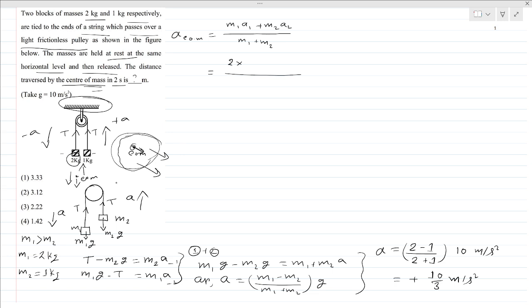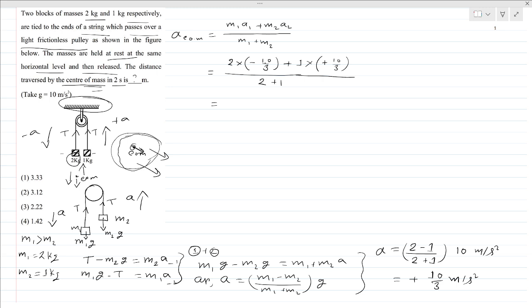Since the 2 kg mass is going downward, we simply put minus 10 by 3. Then m2 is 1 kg, so 1 into, since m2 is going upwards, it will be plus 10 by 3, divided by m1 plus m2, which is 2 plus 1. Let's see what will come.